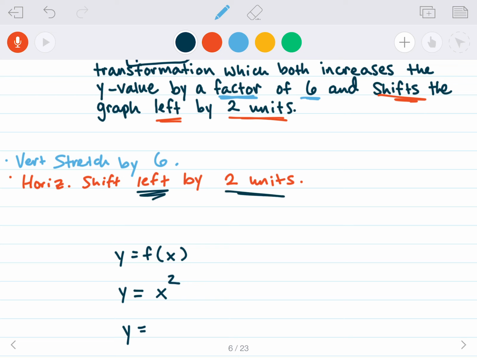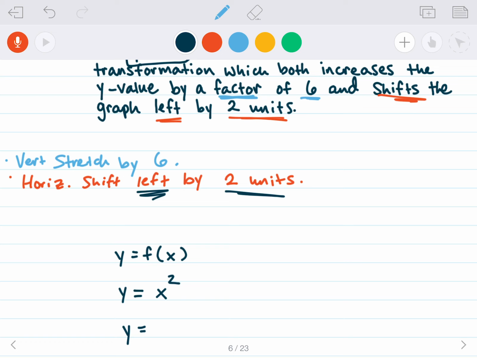So everything that's happening inside the parentheses is opposite of your intuition. Everything that's happening on the outside of the parentheses with your output goes with your intuition. So like with the vertical stretch, it is a stretch because the number is larger than 1. Vertical shifts, plus goes up, minus goes down.